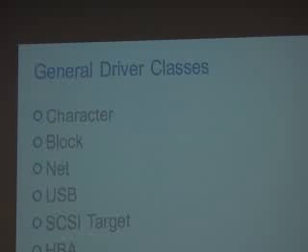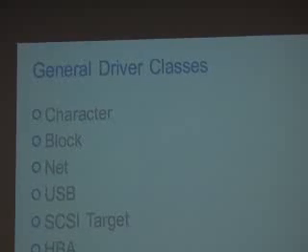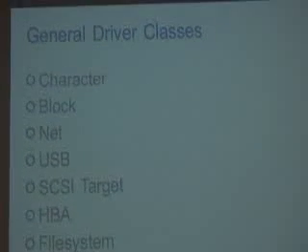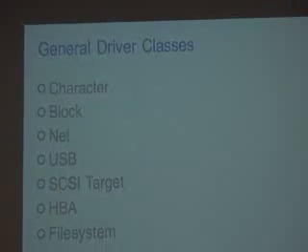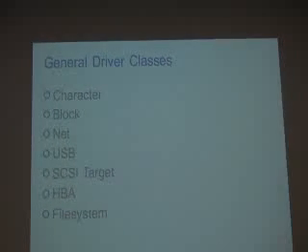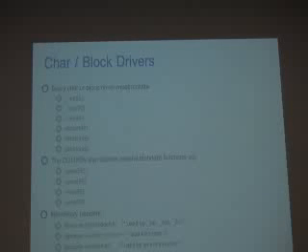So some of the different device driver classes that we have are character and block devices. Those are two closely related ones. We also have different frameworks for net drivers, for USB drivers, for SCSI target and HBA drivers. Those are both part of the SCSI framework, and for file system drivers. For character and block devices, you have to include a number of entry points and data structures.